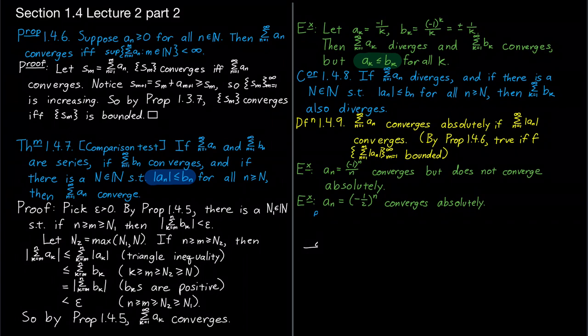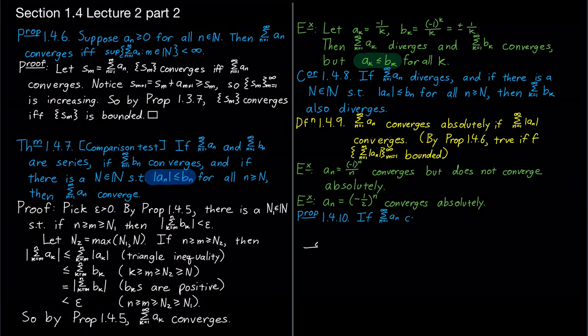And then a straightforward Proposition 1.4.10 says that if a series, not a sequence, a series converges absolutely, then it converges.